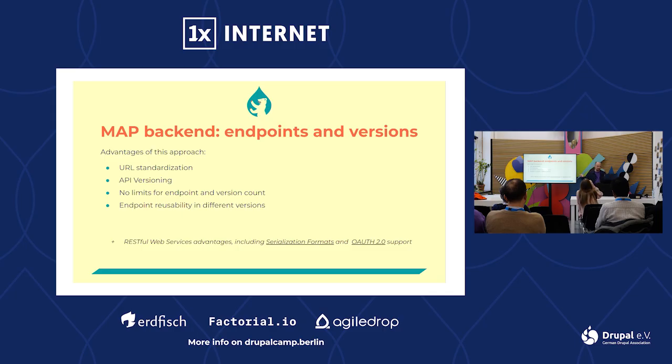This is reusability. And again, at the end, it's a REST endpoint, and we can use serialization and OAuth. By the way, for the serialization format we use our own denormalizers to work with the user, because the user comes to our endpoint as JSON, and we convert this JSON to a user entity object, exactly because of serialization.